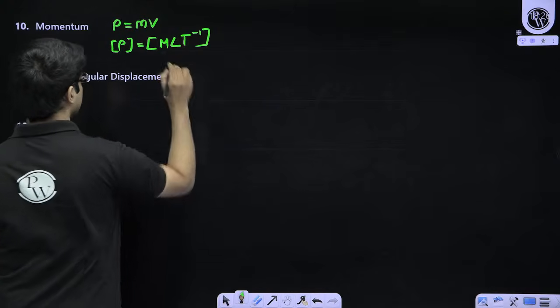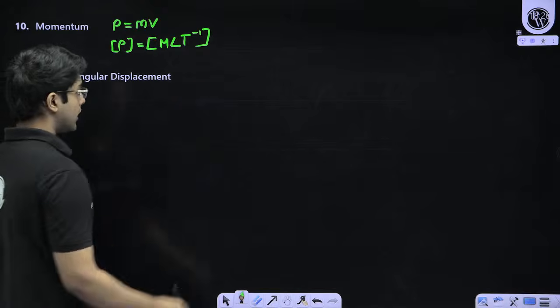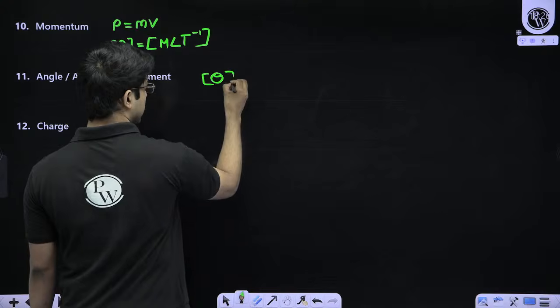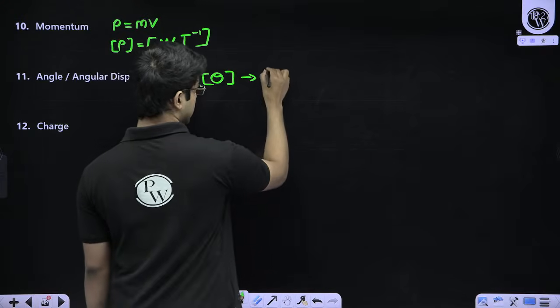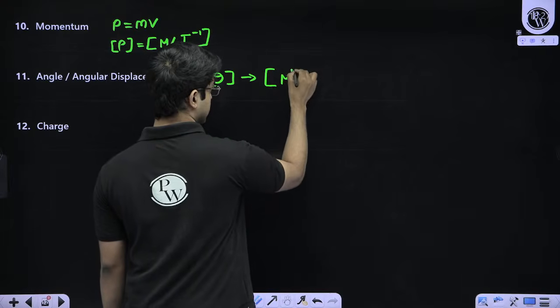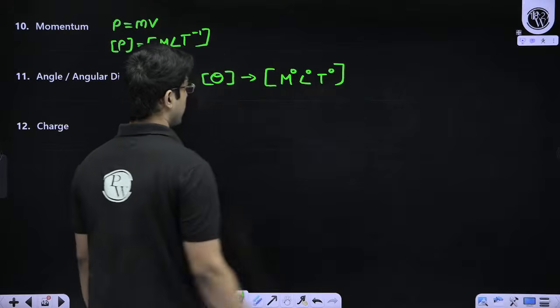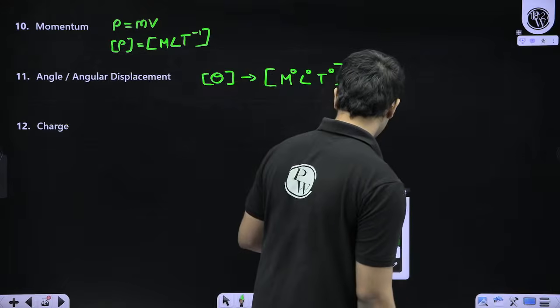Then, angle is actually a dimensionless quantity. Dimensionless quantities, we can write like this: m raised to 0, L raised to 0, t raised to 0. Angle has no dimension because it is defined that way.